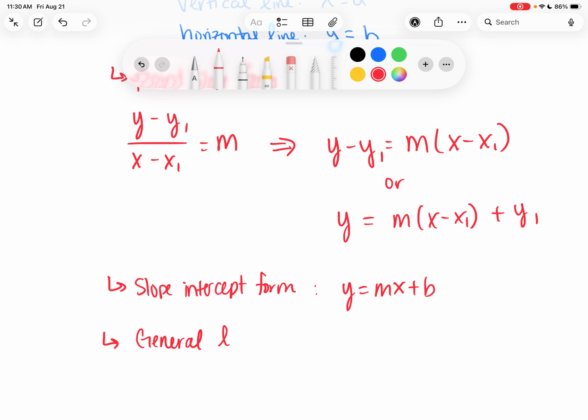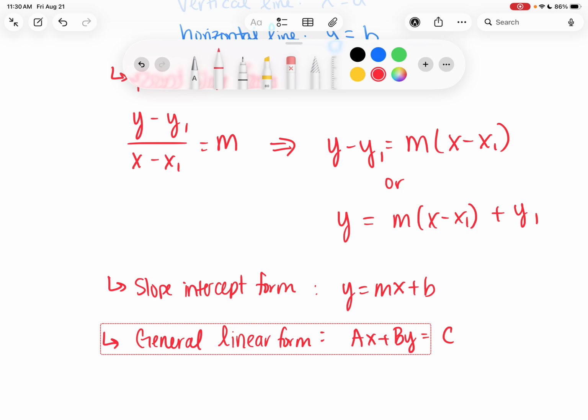We usually just call it general, but the book calls it general linear form. This is the one that's ax plus by equals c, assuming that a and b are not equal to 0. One can be equal to 0, but not both. We also sometimes call this standard form instead of general form. That was another name that we used for it, so I'll just note that there.